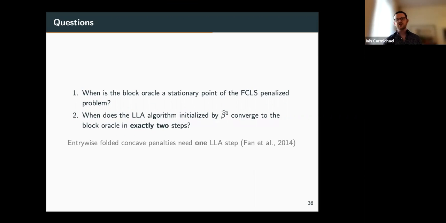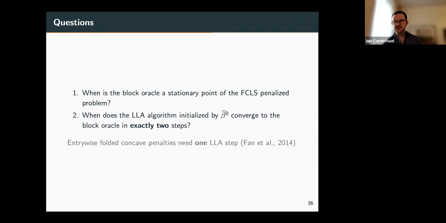And then the second question is the more interesting problem, which is, when does the LLA algorithm, initialized by some initializer, and the initializer is going to be important, converge to the block oracle in exactly 2 steps? And so that's going to be the question of central interest.